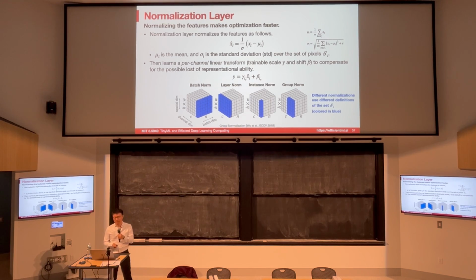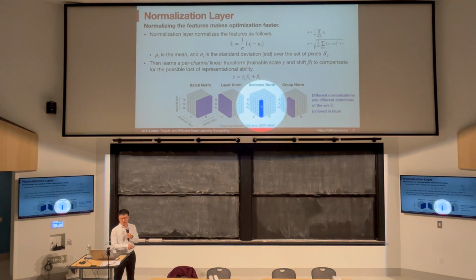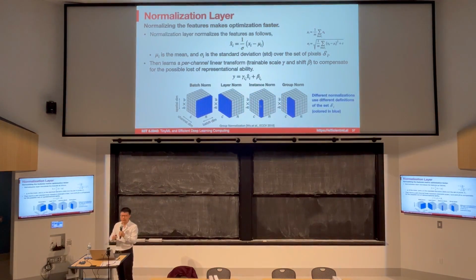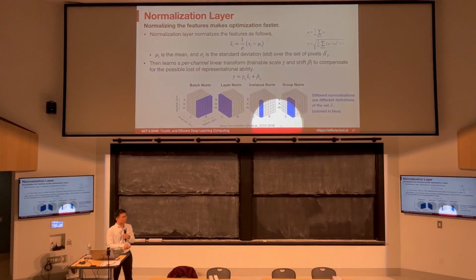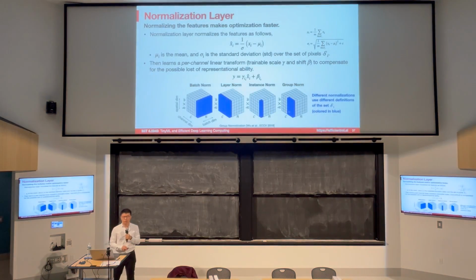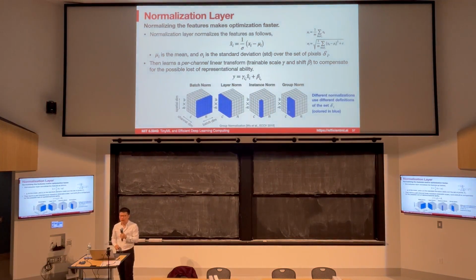Otherwise, if it's not normalized, the attention map will be much harder to optimize. There's also instance normalization, which just normalizes across the H and W dimensions, not the C dimension. And when C is too large, there's also group normalization on the right, which divides C into several groups and only normalizes within that group.